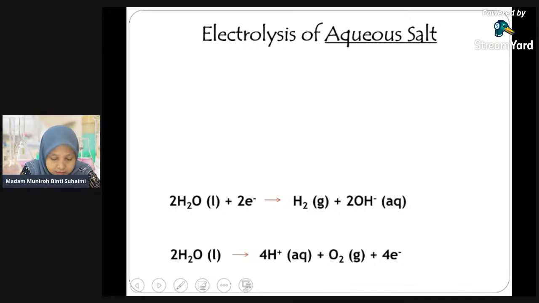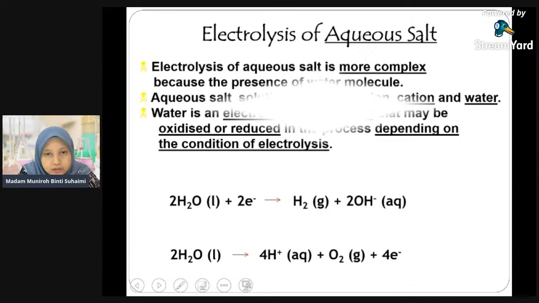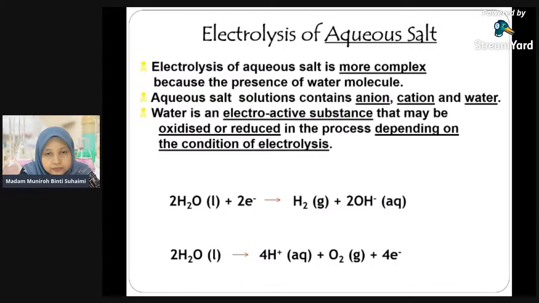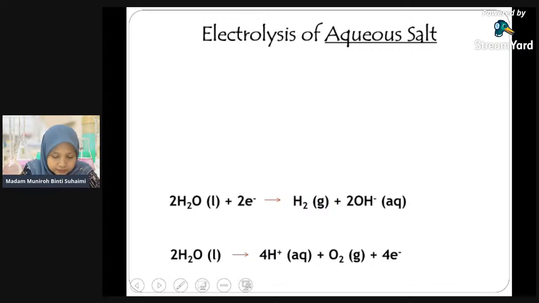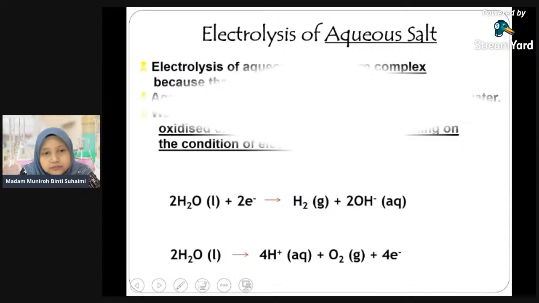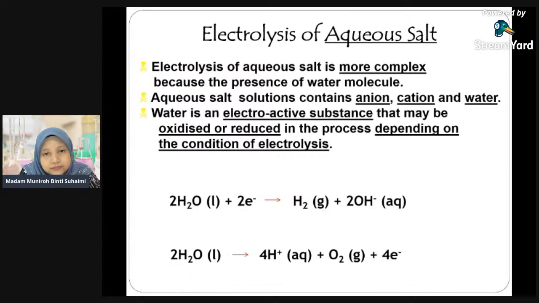Next electrolysis is aqueous salt. Electrolysis of aqueous salt is more complex because of the presence of water molecules. An aqueous salt solution contains anion, cation, and water.